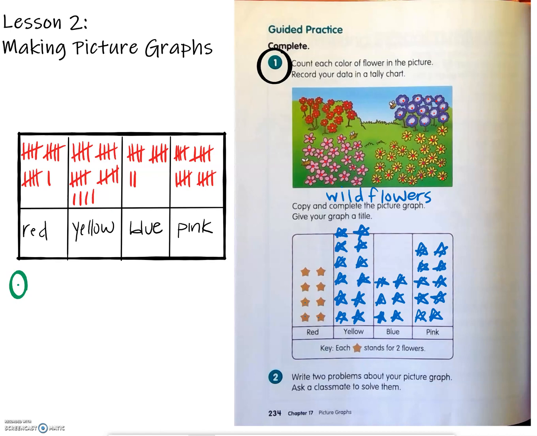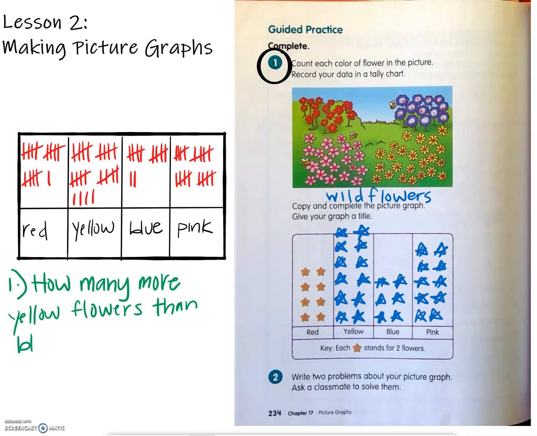I could write, how many more yellow flowers than blue? Well, I know that there are 24 yellow flowers and there are 12 blue flowers. So there are 12 more, and that would be the answer.